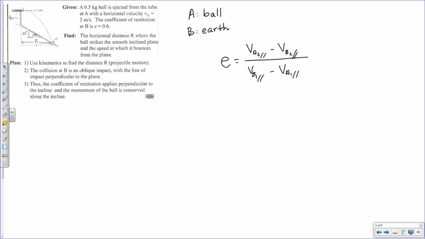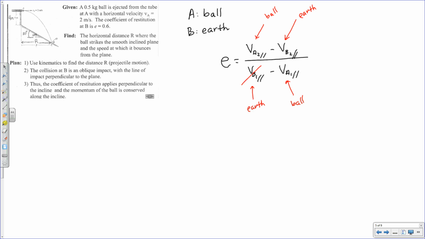So this corresponds to the velocity of the ball in the parallel direction after the collision occurs. This corresponds to the velocity of the Earth in the parallel direction after the collision occurs. And again, this would be the Earth before the collision occurs in the parallel direction to the line of impact. And this would be the ball in the parallel direction with respect to the line of impact.